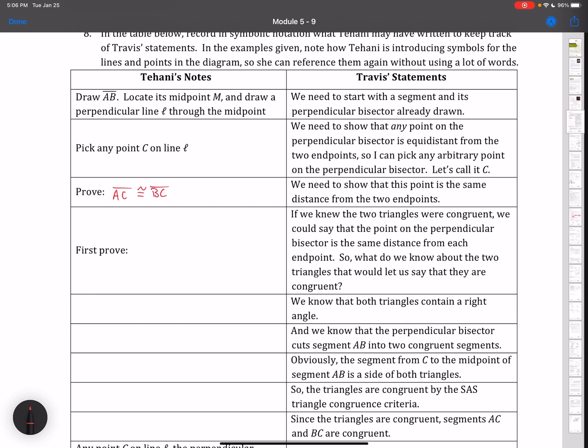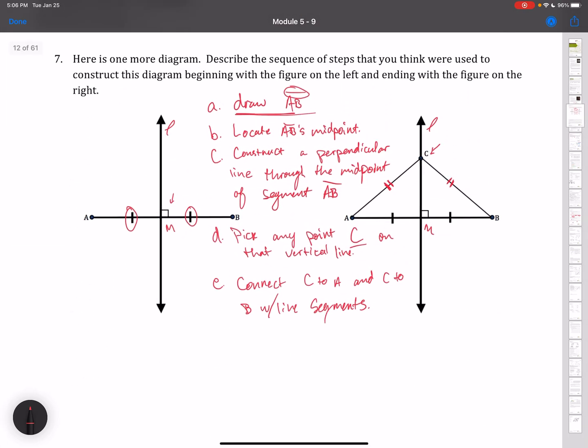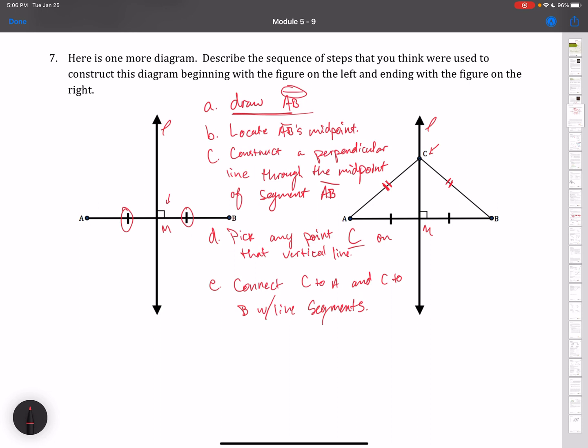And when we talk about congruent triangles, that just means that the triangle on the left, which we could call triangle ACM, is congruent to the triangle on the right, triangle BCM. Notice the way that I said those as well. It was ACM and BCM. So that means corresponding parts, that first line AC and BC that I want to be congruent, are spoken in the same order, right?